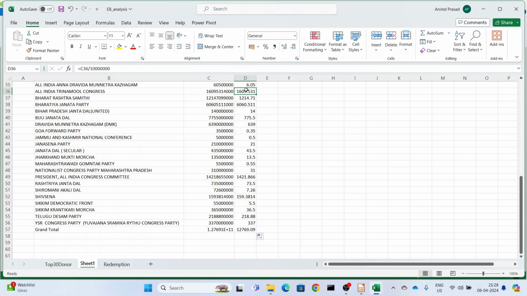Remember one thing here, figures speak. In news channels, debates are done, mudslinging is done, but facts are not presented. But here, we are dealing with real numbers and numbers from data which has been published. Now, BRS too has received a good amount of funding, and Shiromani Akali Dal, well, Shiv Sena, 159 crores.